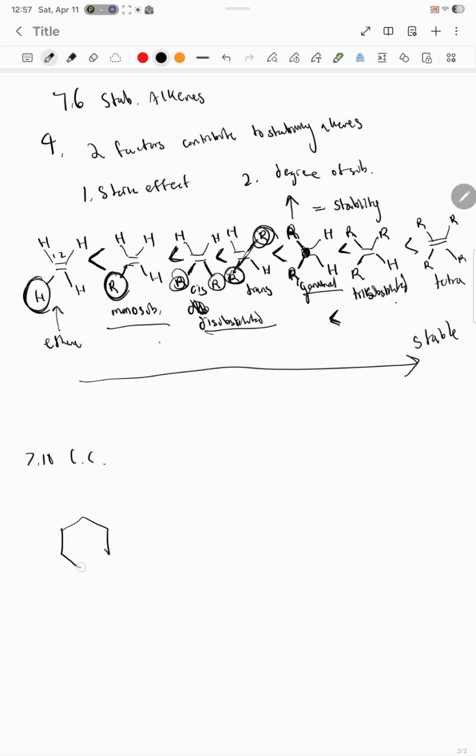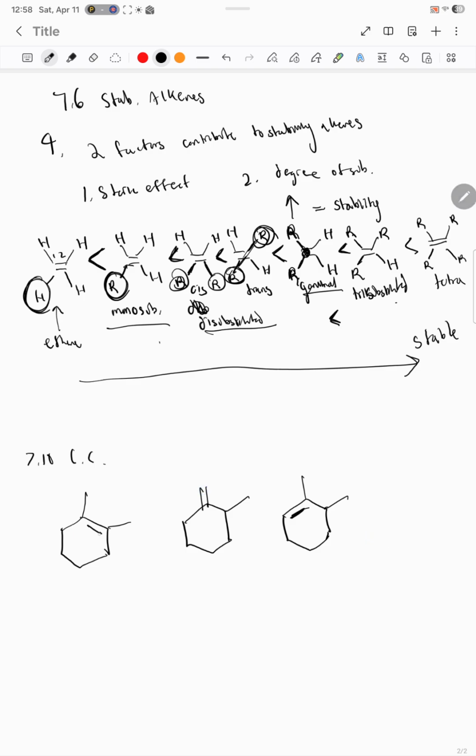Now, you need to tell me which of these is the most stable. We learned that if we're talking about stability, we're looking at R groups, right?